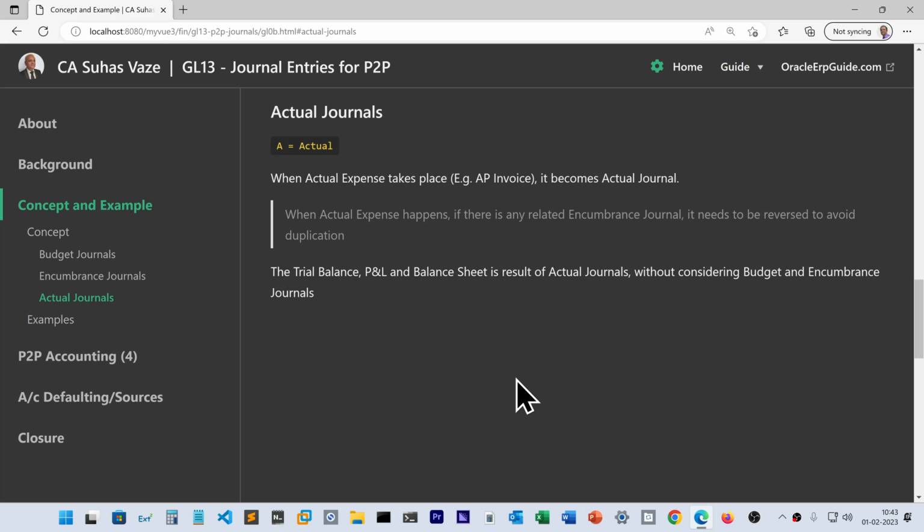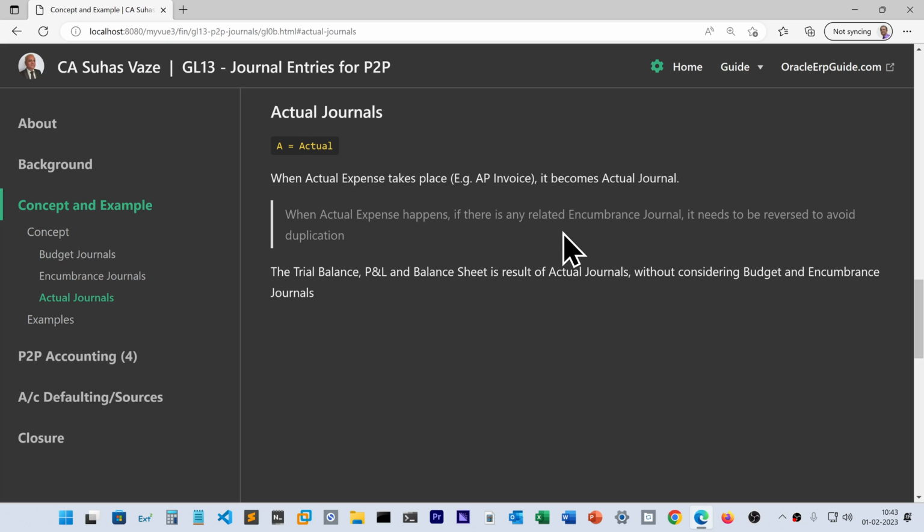The actual journals are the regular journals we always talk about, like the AP invoice journal, the payment journals, the AR invoice journals, and so on. And they basically happen when the actual expense happens. This does not mean when the actual expense is paid. Actual expense happens based on the accrual principle that should be sufficient to record an actual expense.